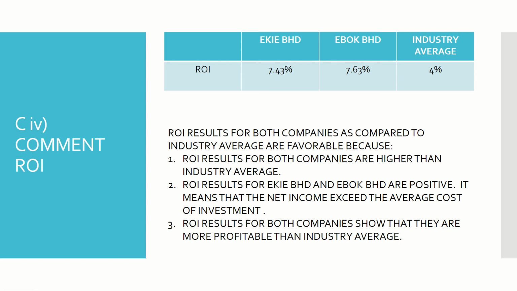Number 4. Based on your answer in 2 above, comment on the ROI for both companies. Assume competitor average is 4% return. So you need to compare the ROI of Iki Berhad and Ibu Berhad with the competitor average return, which is 4%.